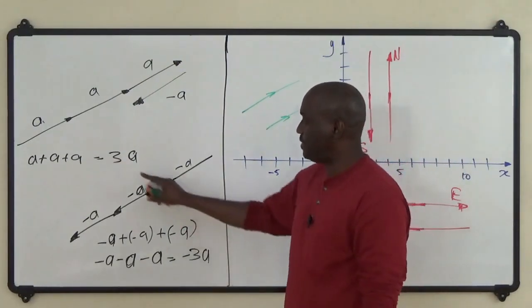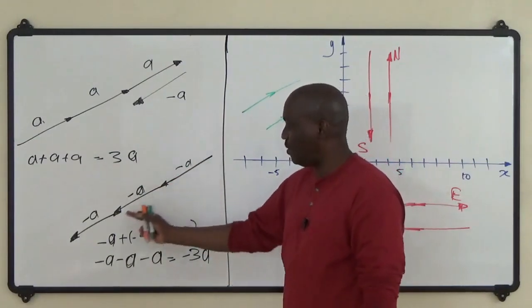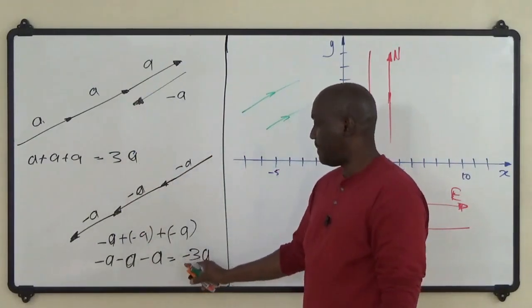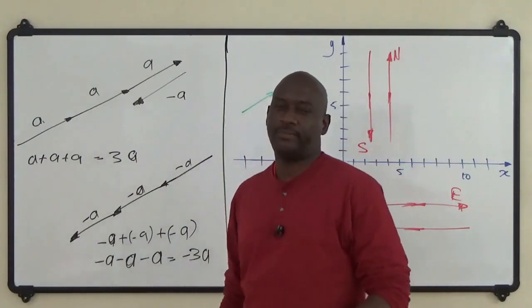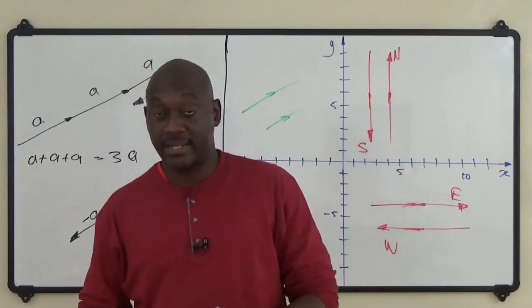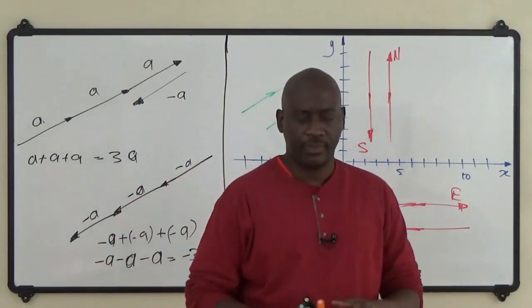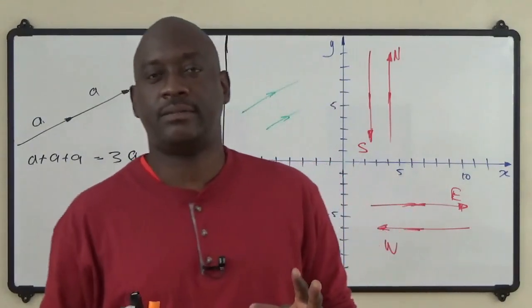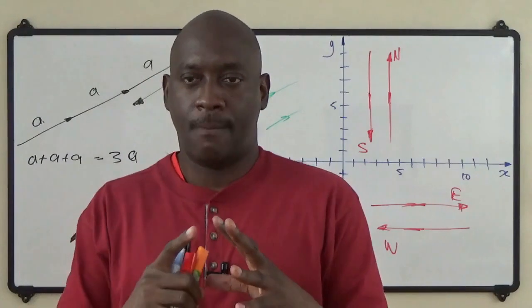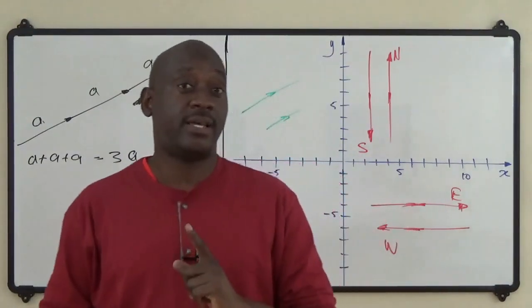Now what is the difference between 3A and minus 3A? As you could sense by just looking at the diagrams, the minus sign is what indicates the opposite direction. And that is the role of the minus sign where the vectors are concerned. Remember, the minus sign is a constant in mathematics, right? In most of the algebra, at some point you'll have to deal with a minus sign.